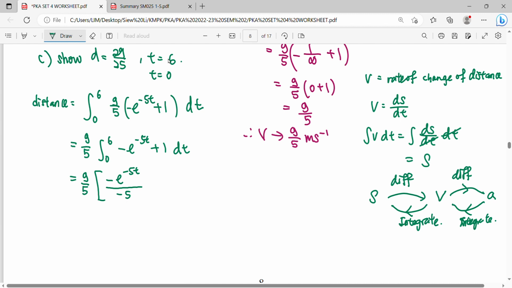Integrate exponential, copy back, divide by the power, which is 5. And then integrate 1, we get t. Upper limit 6, lower limit 0. So to simplify, we just substitute the upper limit, which is 6, minus the lower limit 0.